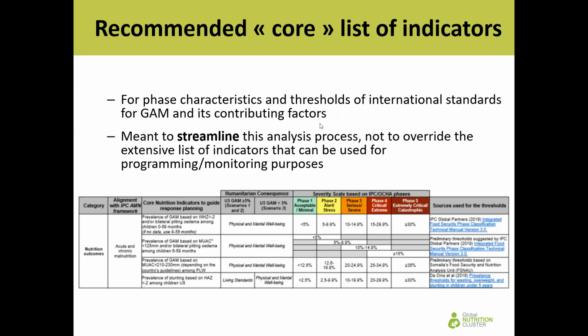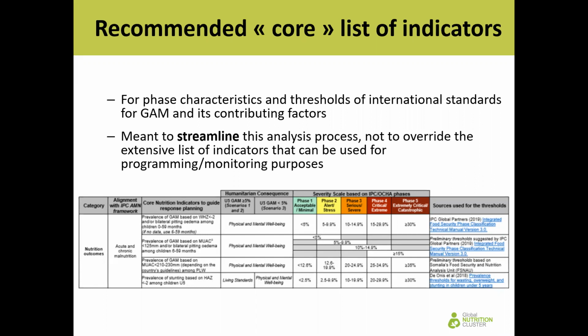Within this core list of indicators, we also put forward a number of indicators from other sectors that we think are at least some key contributing factors, those key drivers. Those include indicators from the WASH sector, immunization, health status, availability of and access to health services, and food consumption.